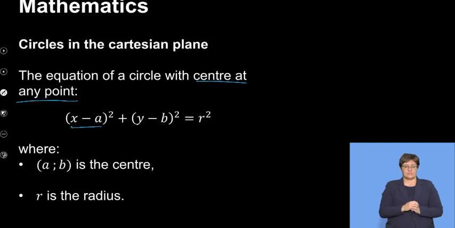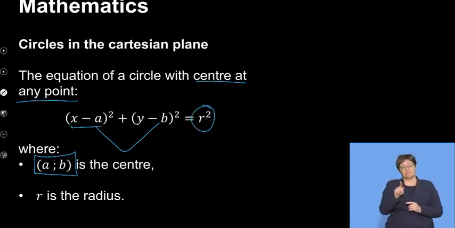Here a and b are the center of the circle, and r is the radius. So you need to find the square root in order to get the radius. If this equals, maybe, 16, it means r equals 4, so the radius of the circle is 4 units.